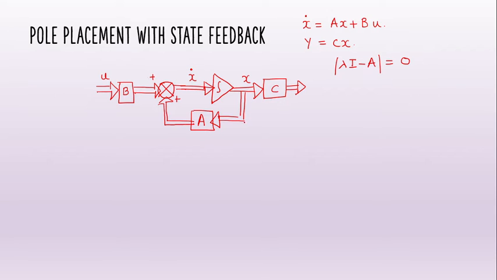You need to put an additional element, okay, and you will take the x as a feedback element, and you will use this additional element K to change the location of poles. Okay, and then you will add it up over here.